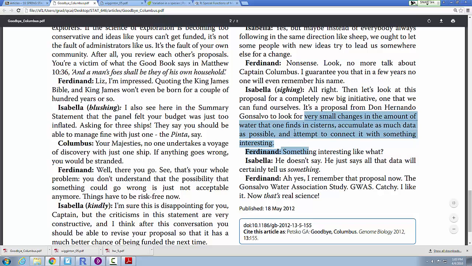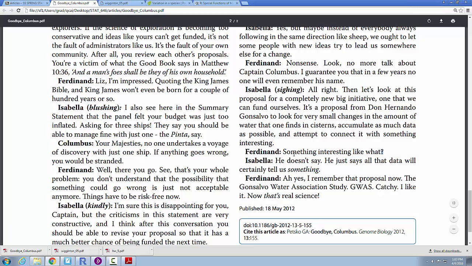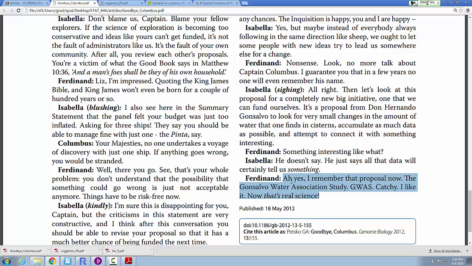They didn't like it, but they do like this one. Nothing specific about what we're going to learn, but we're going to get lots of data. Surely there's something good. So what exactly are we going to find? He didn't say, just says that all the data will certainly tell us something. And then the joke is, oh yes, I remember that proposal now, the Gonsalvo Water Association Study, GWAS, catchy. That's real science.